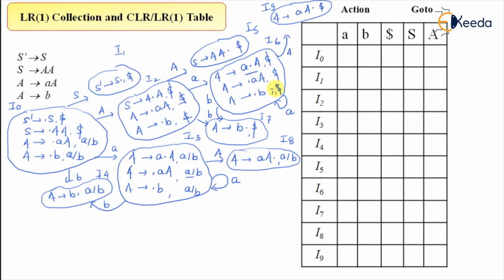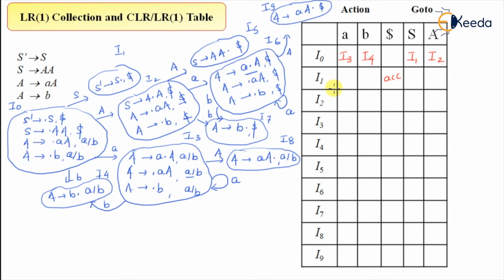Okay, so let's fill the table. I0 on input S goes to state I1, on input A I2, on input small a I3, on input B I4. I1 is a special state and it will be accept.